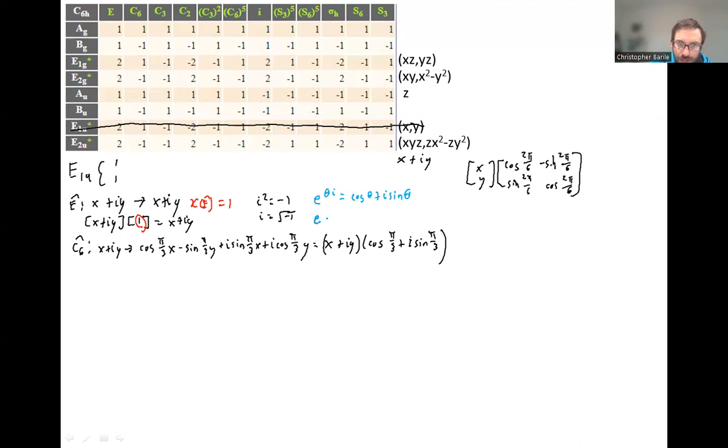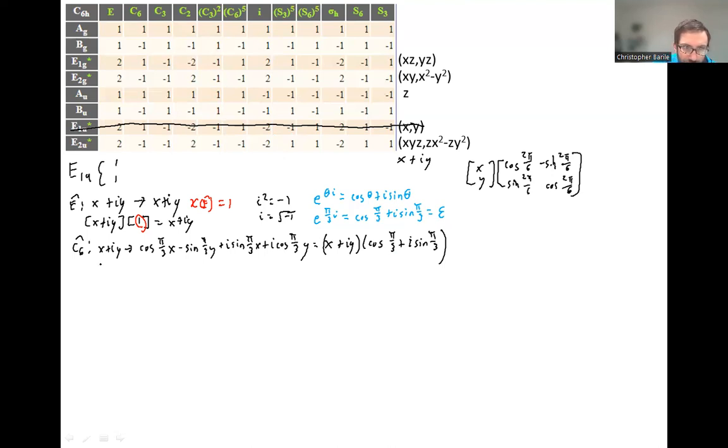And so e to the pi over 3 i is going to equal cosine pi over 3 plus i sine pi over 3. And that's such an important quantity in this character table that we're going to define it as just a Greek letter to help us make a compact form of this character table. We're going to define it as epsilon. And so what we can write is that this is actually equal to epsilon.